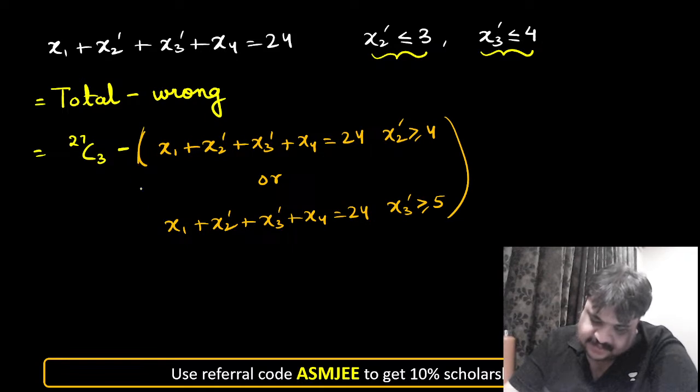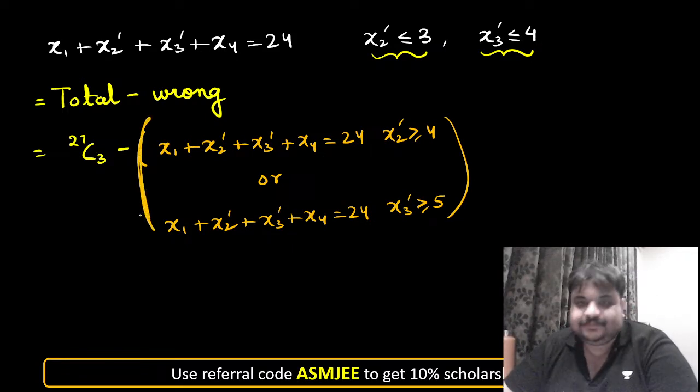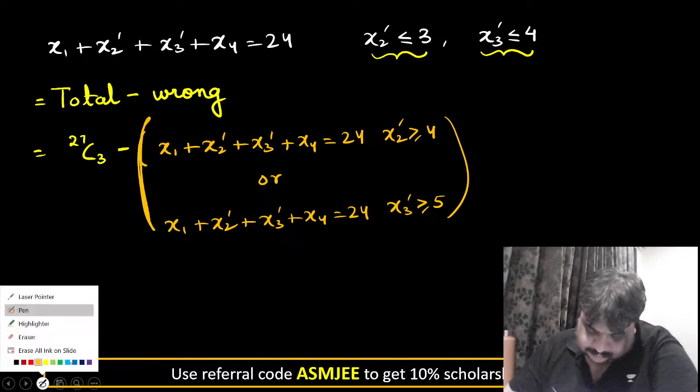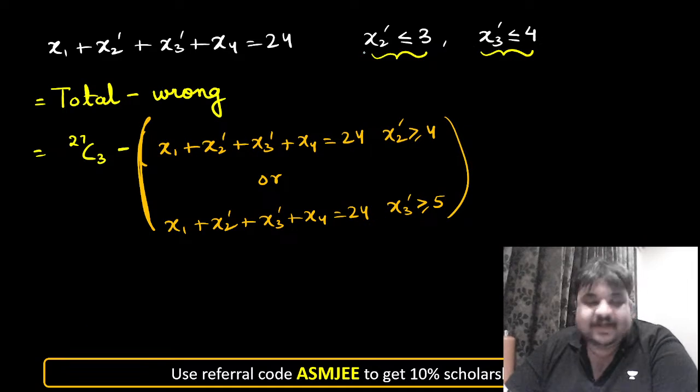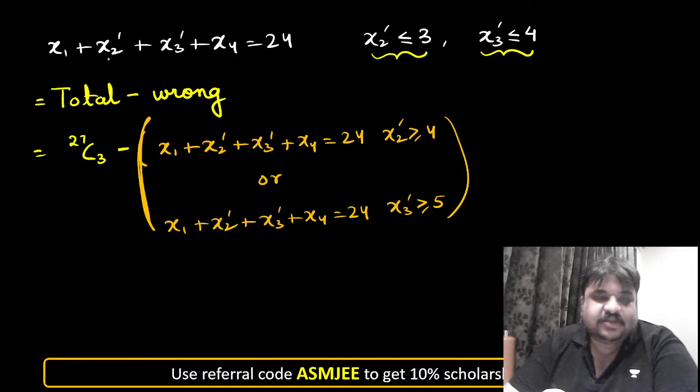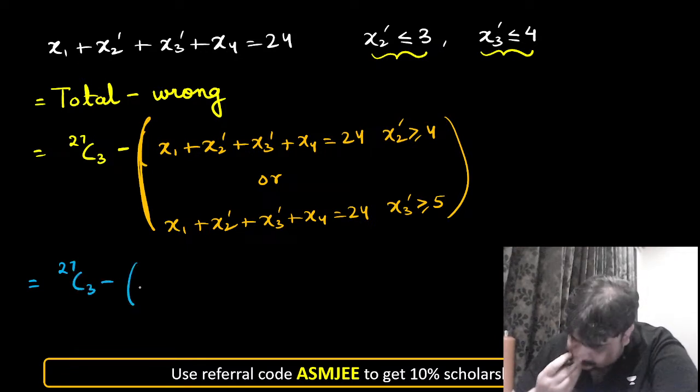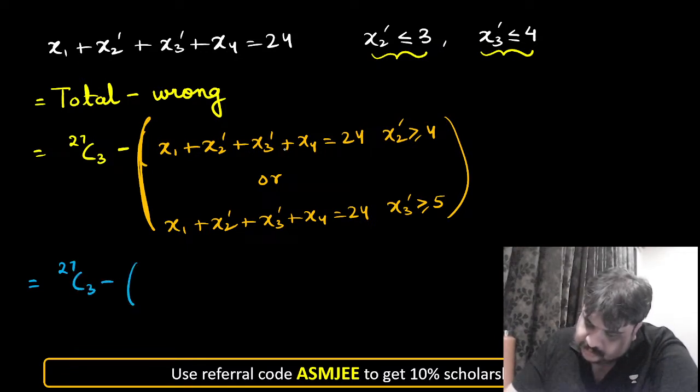This is what you have to subtract. No, you can't put 3 minus x2 double dash. Why? Because there will be a minus sign in between and you won't be able to handle it. We need all pluses here. So here we'll apply the formula. If this part is A, we'll apply the formula of A union B.